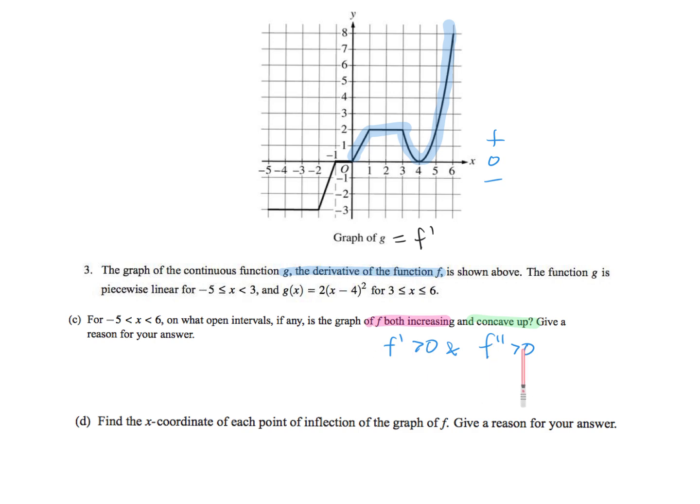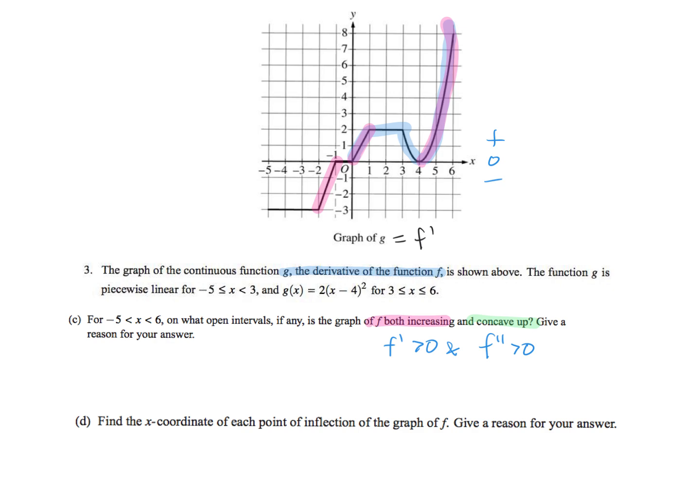Where's my F double prime positive? The slope of F prime has to be positive. What's my slope of F prime here? 0. What about here? Positive.